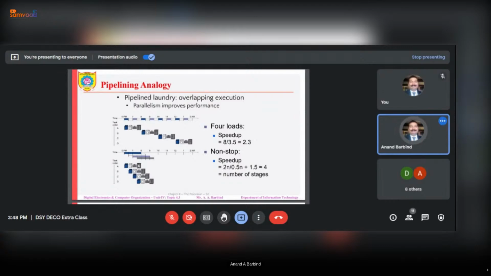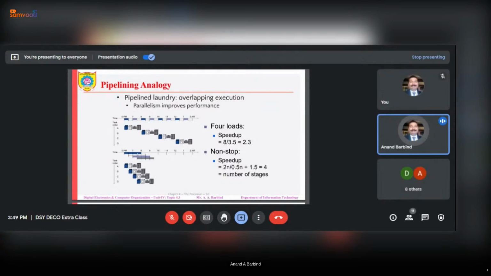At 7:30, A batch clothes which are pressed will be taken up for stacking. B batch clothes which are already dried will be taken up for pressing, C batch clothes which are already washed will be taken up for drying, and D batch clothes will be taken up for washing.